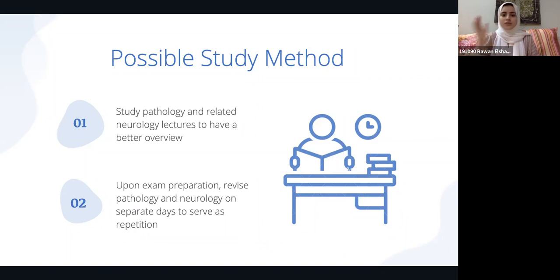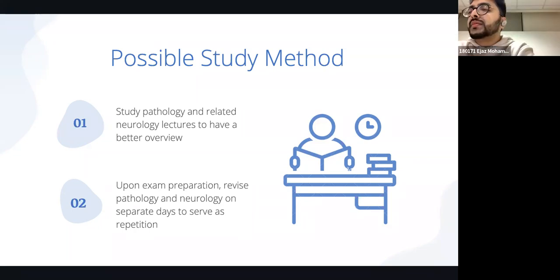You can even go as far as studying the drugs for degenerative diseases right after it. That way you have a full picture of the disease, as your first study. And then when it comes to repetition, don't study the pathology and clinical on the same day. Obviously you can't, but in this study method, you can separate them on separate days, because that way you're repeating your study, as if you studied it 3 times.